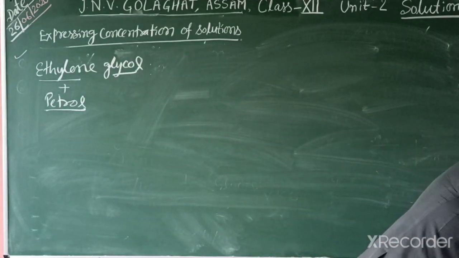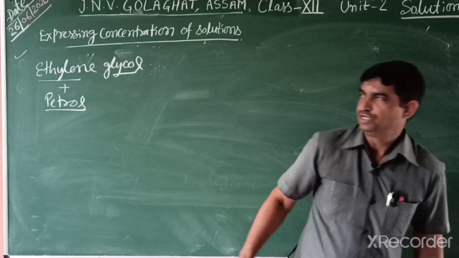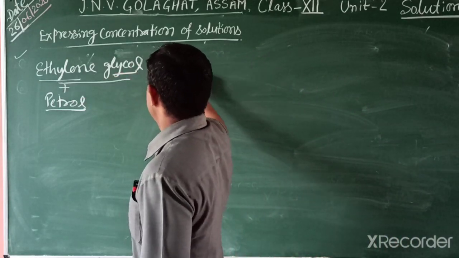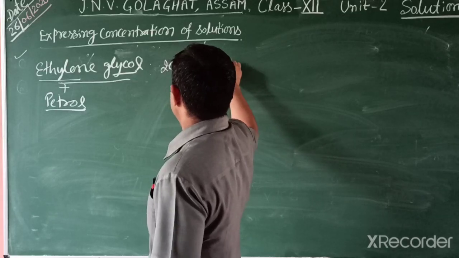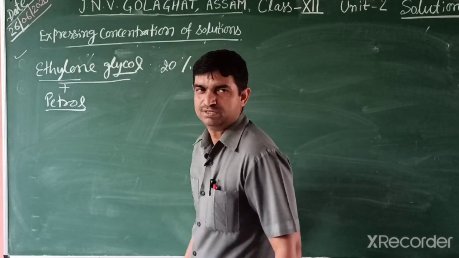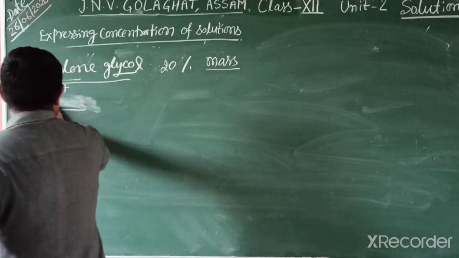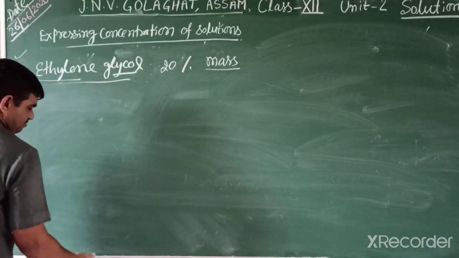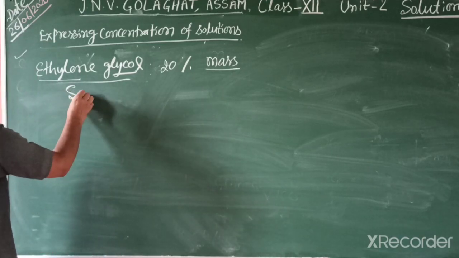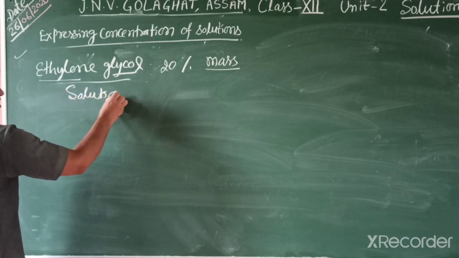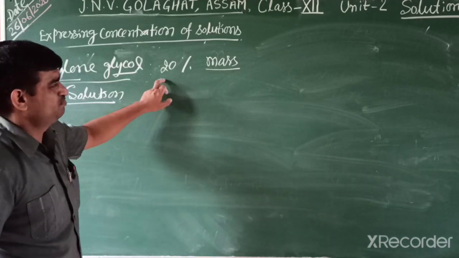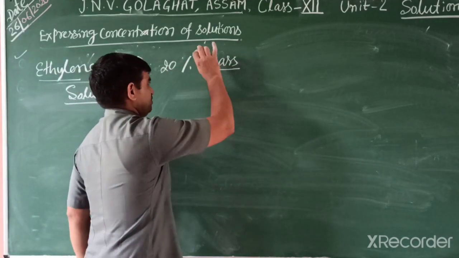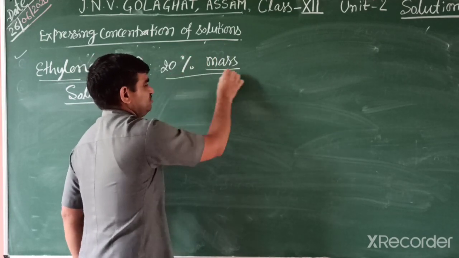How can we identify that mole fraction? A solution containing ethylene glycol is given as 20% mass by mass solution. It is written only this way.